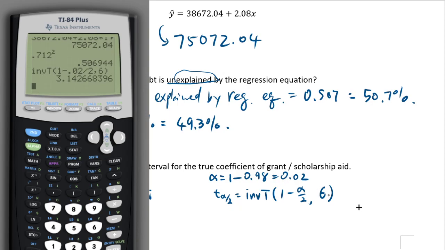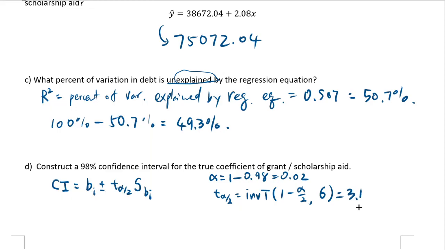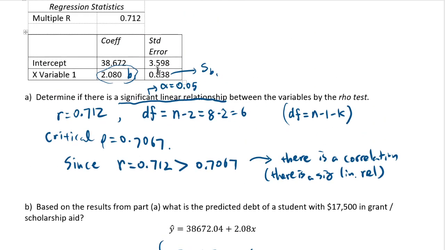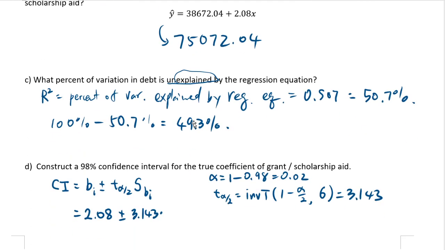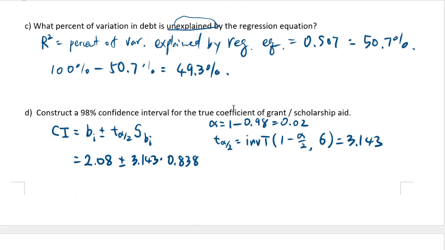So we can say 3.143. Okay, so now we have everything. 2.08 was our b1 plus or minus 3.143 times 0.838.